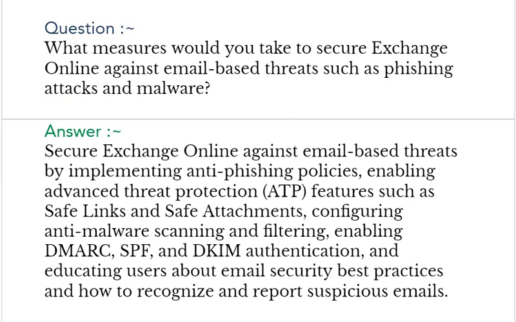Our next interview question is: what measures would you take to secure Exchange Online against email based threats such as phishing attacks and malware?